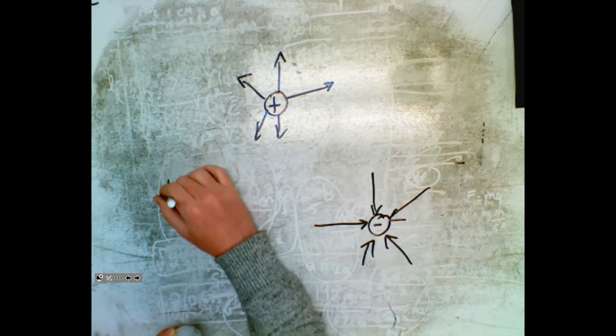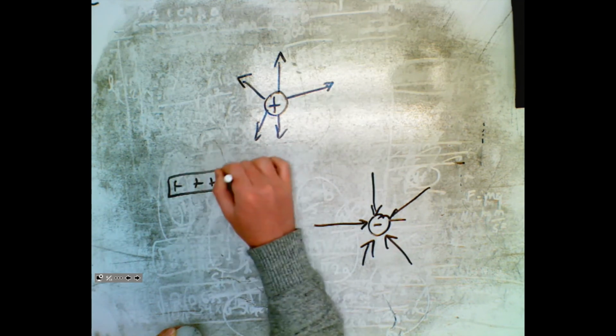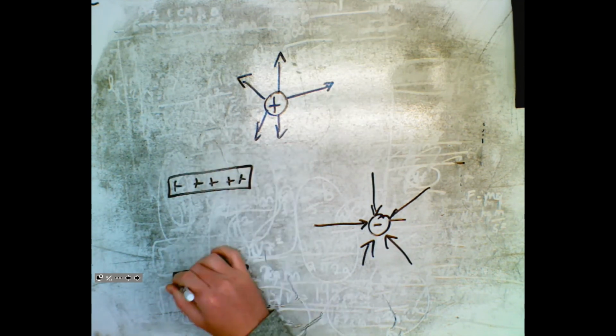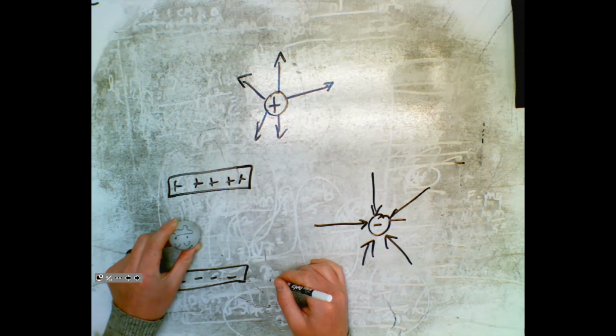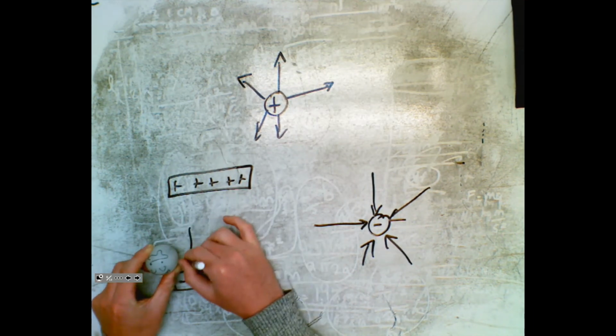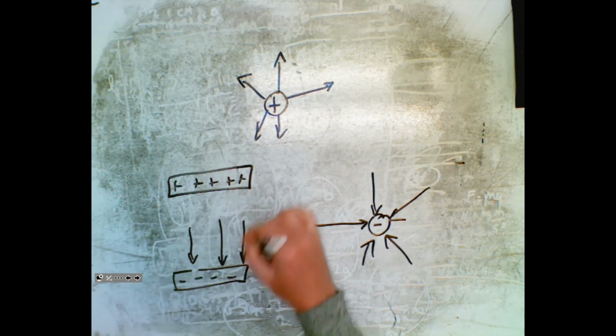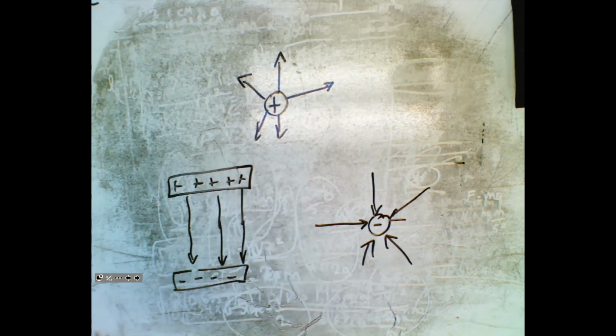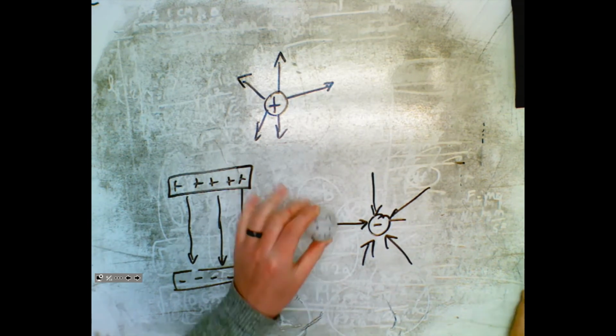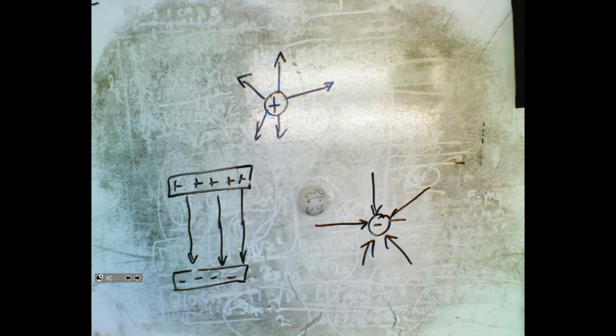And if we had a situation where we had a positive side and a negative side, like this, and we stick Pedro in here, Pedro's always going to go towards the negative side, and that's how we draw our field in. We use Pedro to help us, and Pedro, the positive test charge, will tell us what direction our field is going.